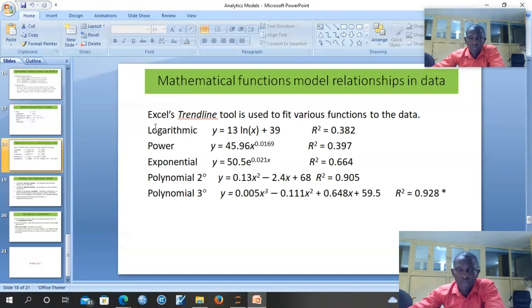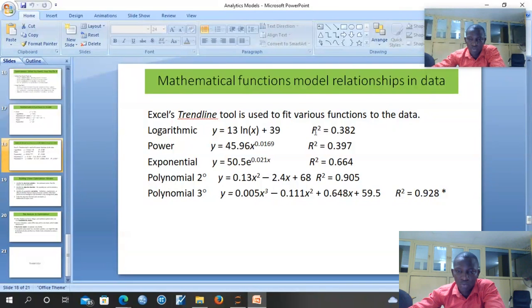So for example, the Excel trend line that we used before can fit various functions. If you have something like logarithmic, for example, y equals 13 ln x plus 39, assuming we fit all these to a data set, the logarithmic gives R squared 0.38, the power function gives R squared 0.39, exponential 0.66, polynomial of degree 2 0.9, polynomial of degree 3 0.93.